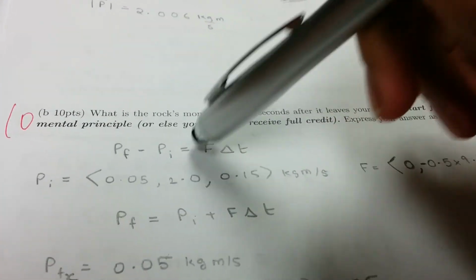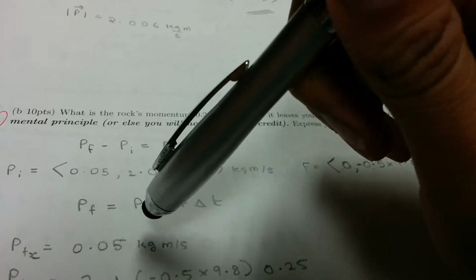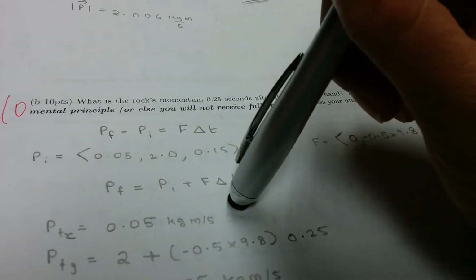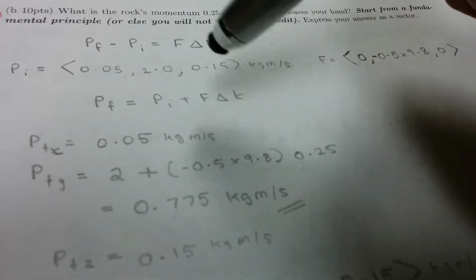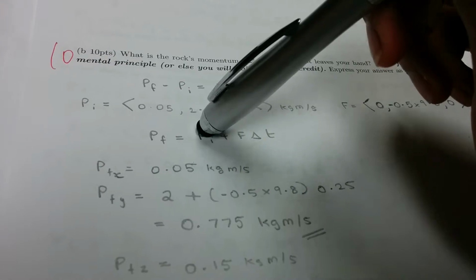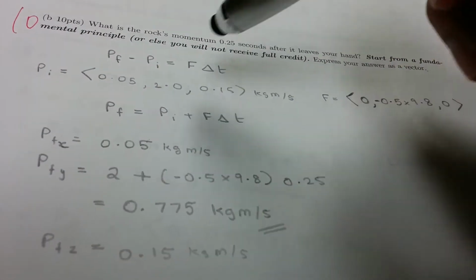Now we're going to rearrange this formula to make it look like final momentum, which is what we're trying to find, is equal to the initial momentum plus force times delta t. For simplicity, we're going to take the x-axis, y-axis, and z-axis separately.